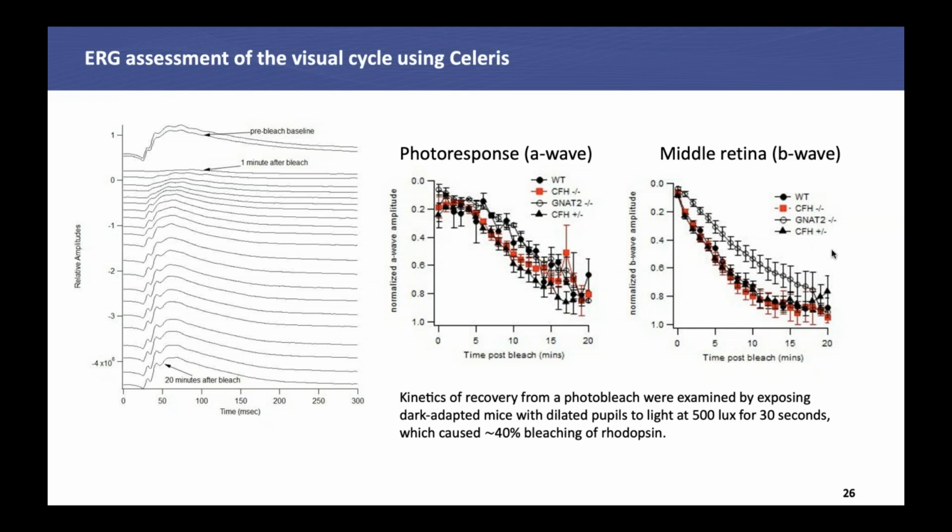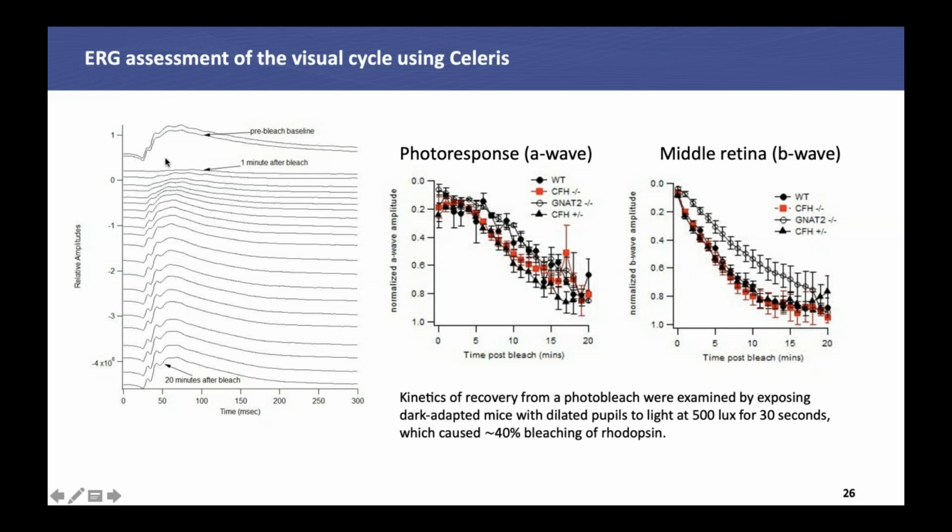There's no physiological basis for CFH to have an effect, but our AMD patients do have these mutations and also have slowed dark adaptation, so we're looking at it, and they don't have any difference from wild type. But the GNAT2s, which have no cone function, are slower, which suggests this is a mix of both rod and cone mediated dark adaptation.